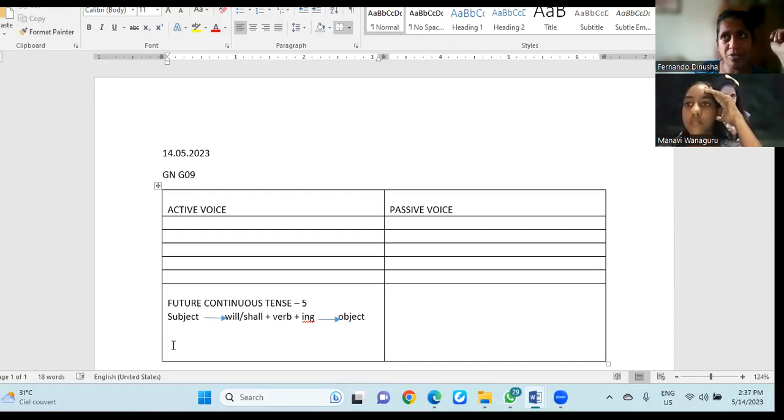In simple future we used to create statements that are somewhat not sure. 50-50. 50% we can make it sure, or 50% we cannot make it sure. But future continuous is not like that.